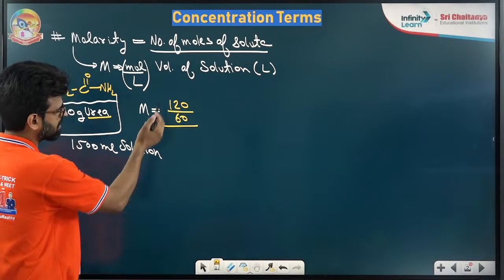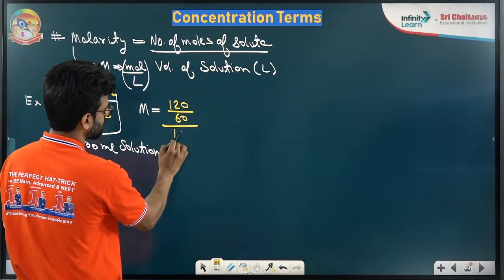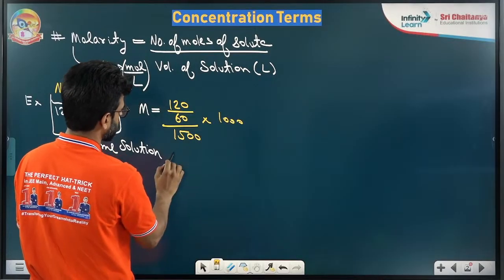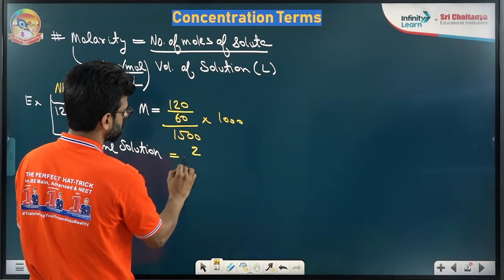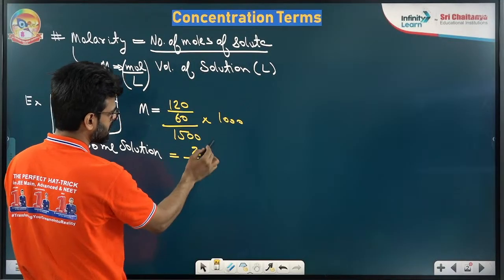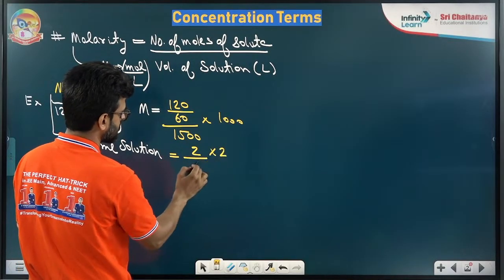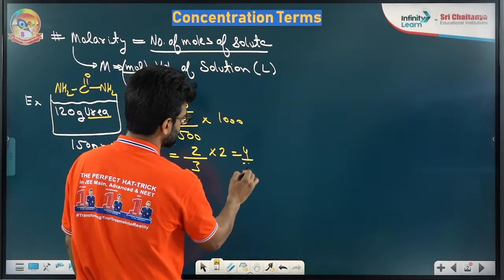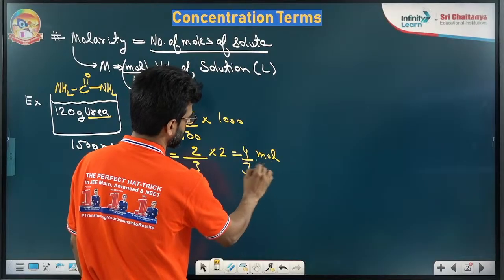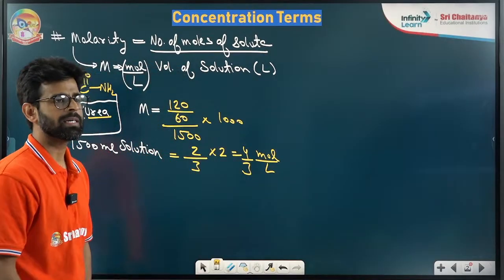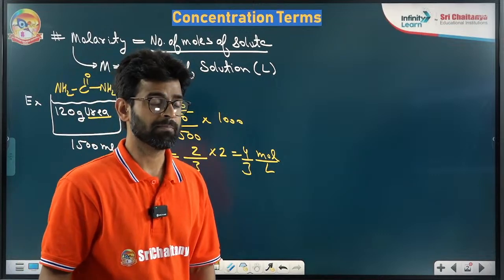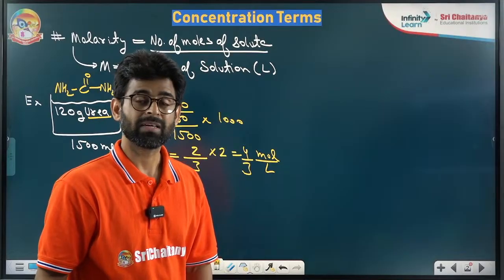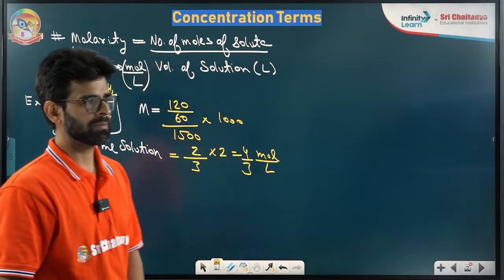So 120 by 60, and here it is 1500 ml. To make it liters, I take 1000. 500 cuts down, so 2 here and 3 here. Finally 4 by 3, mole per liter. You can say 1.33 molar. Molarity means molar, whereas molality means molal.